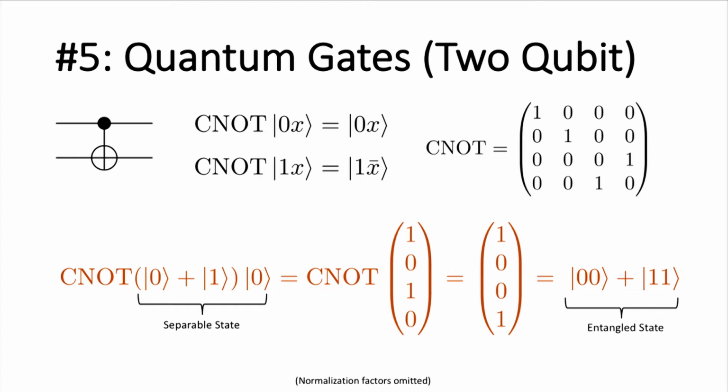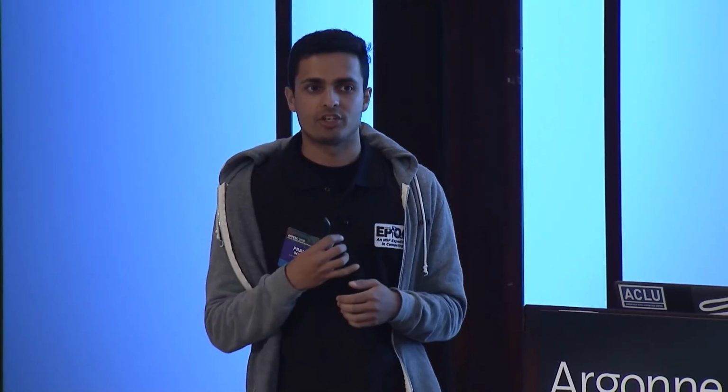You might be tempted to think that it's 0 plus 1 and 0 plus 1, but if you did that multiplication, you'd end up with 00 plus 01 plus 10 plus 11. All we have is 00 plus 11. So the CNOT created a situation where the resulting state can't be described as individual components being composed. It's a system unto itself, where we have to think about both qubits as being part of a system. And that turns out to be very critical for quantum computation.